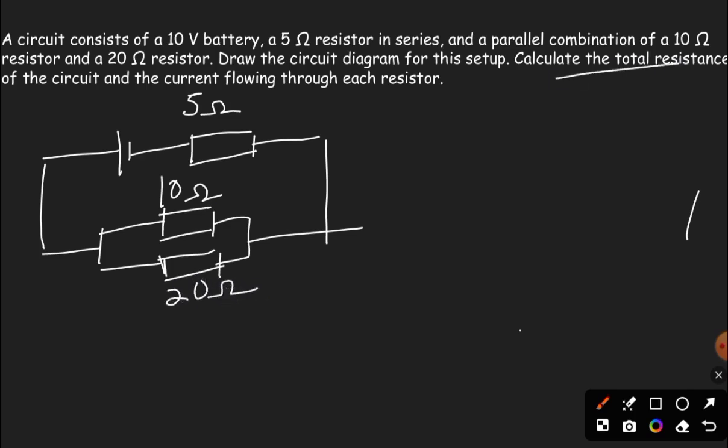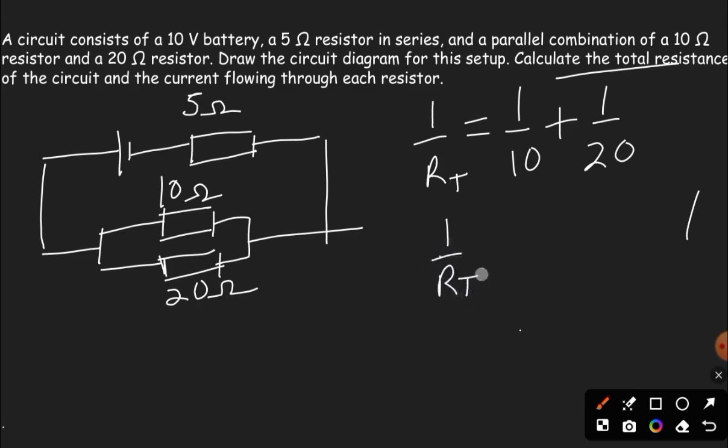We are supposed to calculate the total resistance. So we are going to work out the parallel first. 1 over RT equals 1 over 10 plus 1 over 20 to give us 3 over 20. So 1 over RT equals 3 over 20.